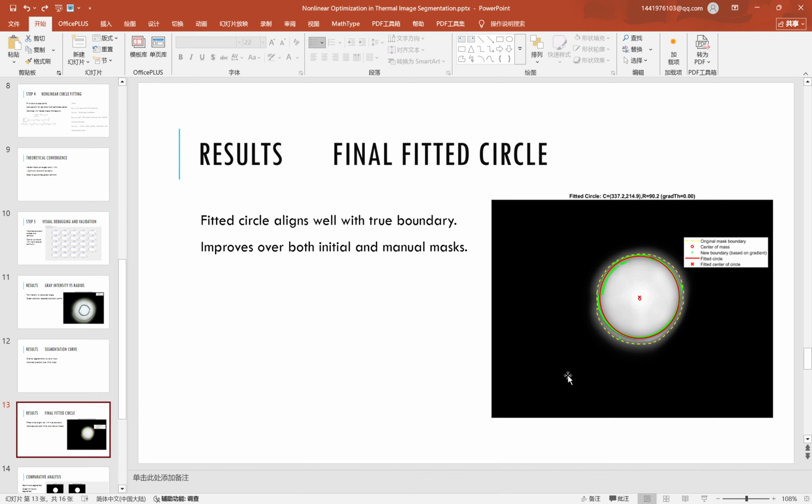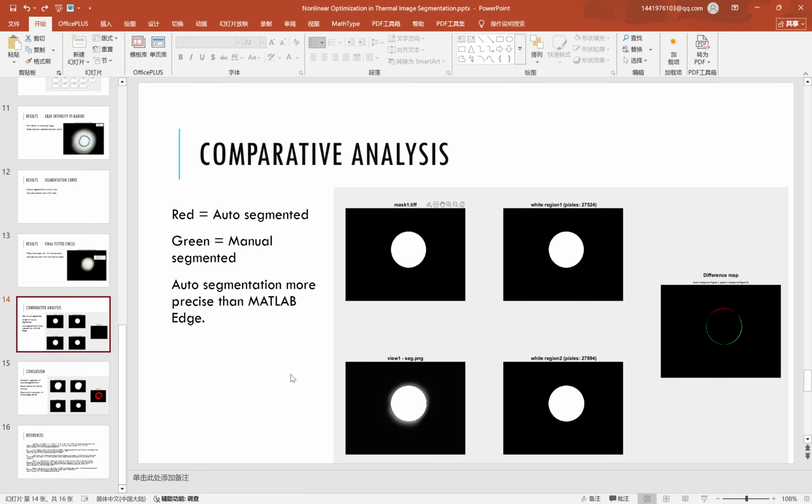All right, so let's turn to comparative analysis. We compare the manual mask below with our auto mask above. You see that they are very close to each other.